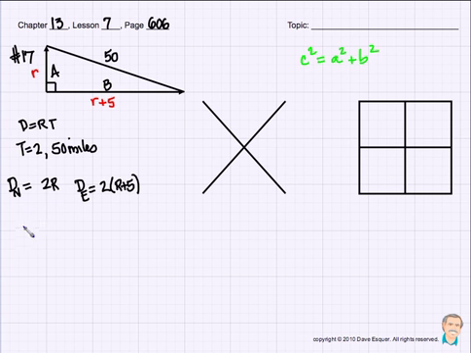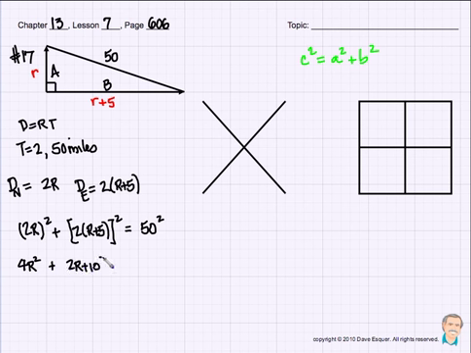So let's put that all together, and we're going to end up with 2r squared plus 2 times r plus 5 squared has to be equal to 50 squared. Our Pythagorean theorem. This looks like 4r squared plus 2r plus 10 squared, and that's going to be 2500.